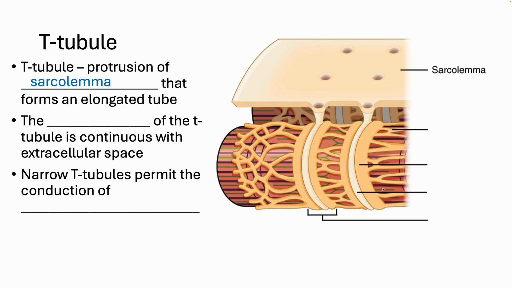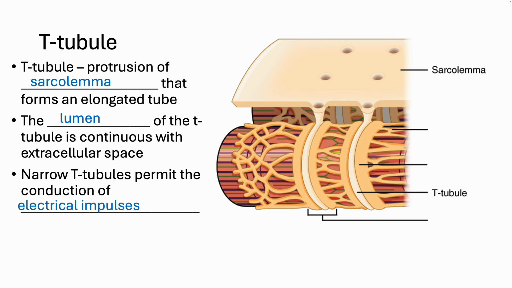The sarcolemma, you recall, is the plasma membrane, so it's going to extend down over the myofibrils and encircle them along this route. The T-tubules then are these extensions. The lumen of the T-tubule is going to be continuous with the extracellular space, so you can see this is open to the outside of the cell.